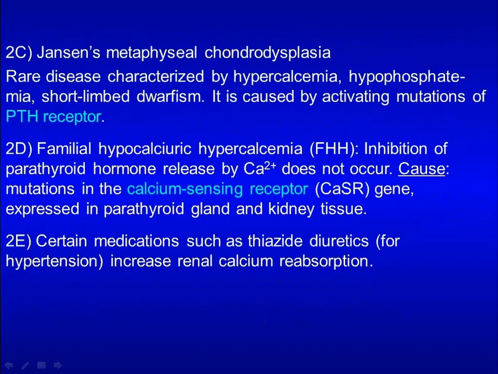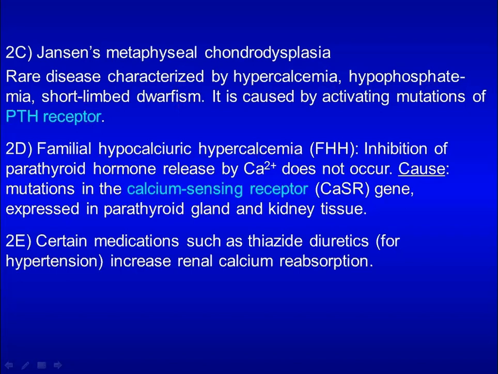Third condition is Jansen's metaphyseal chondrodysplasia. It is a rare disease characterized by hypercalcemia, hypophosphatemia, short-limb dwarfism. It is caused by activating mutations of PTH receptor. Fourth condition is familial hypocalciuric hypercalcemia.